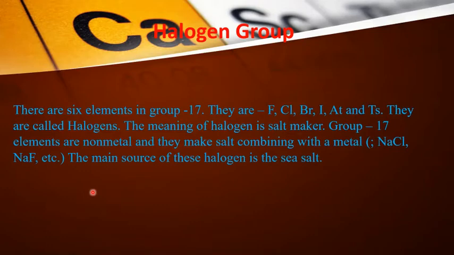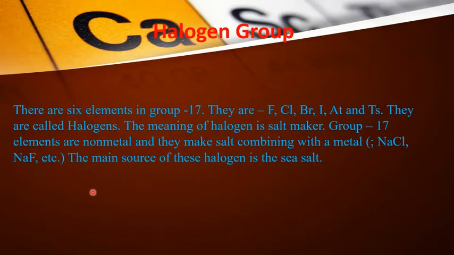Now the halogen group. The halogen group means group 17, where there are a total of 6 elements: fluorine, chlorine, bromine, iodine, astatine and tennessine. These 6 elements are called halogens. Do you know what halogen means? Halogen means salt maker, and all these elements are non-metals and they produce salt when they are joined with a metal.